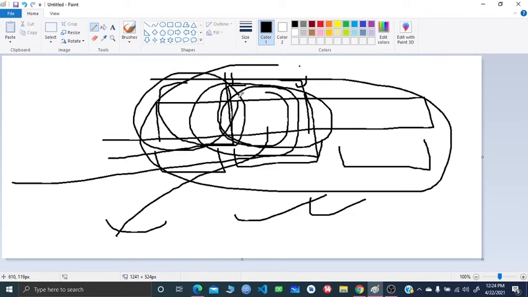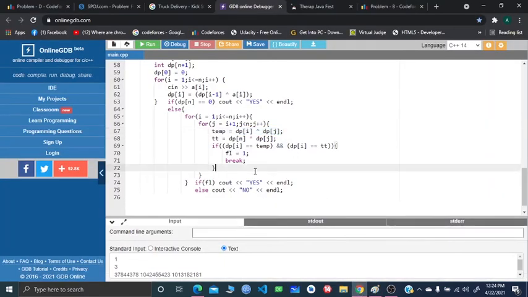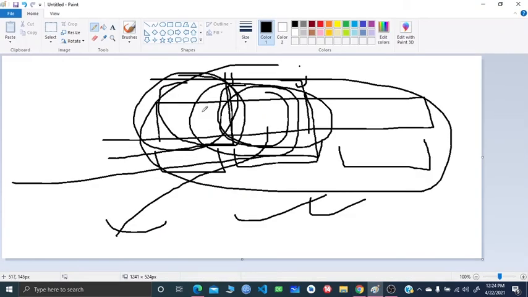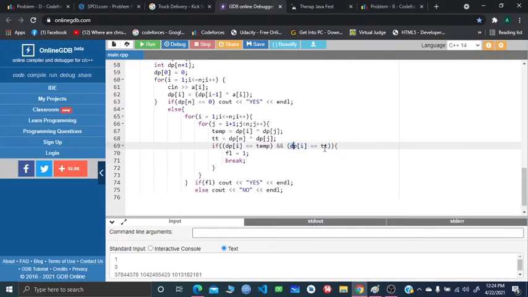I'm checking if temp is equal to this first prefix right there, and also checking whether, if they are equal, this value is equal to all of these two or not. Just by doing that, I hope you get that.